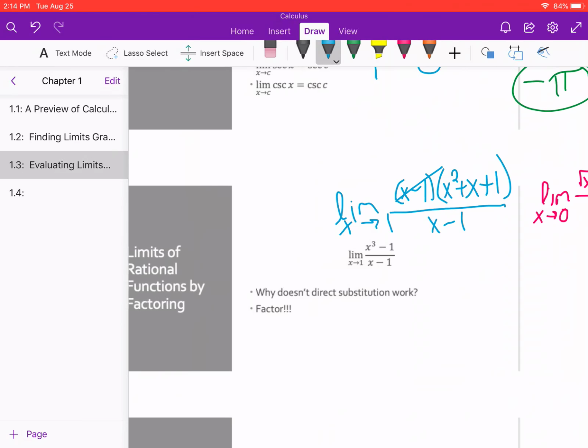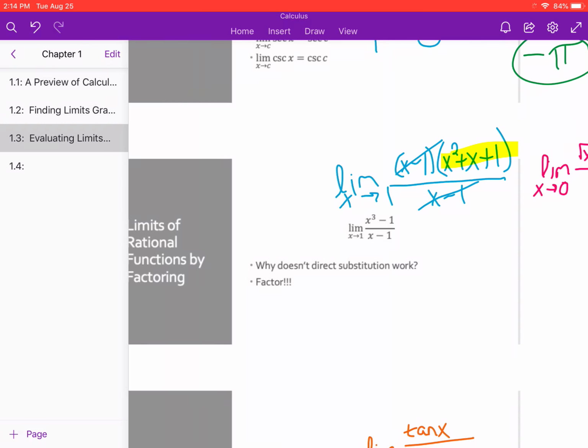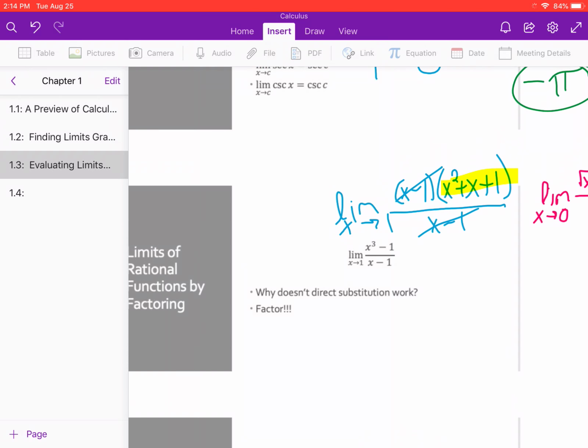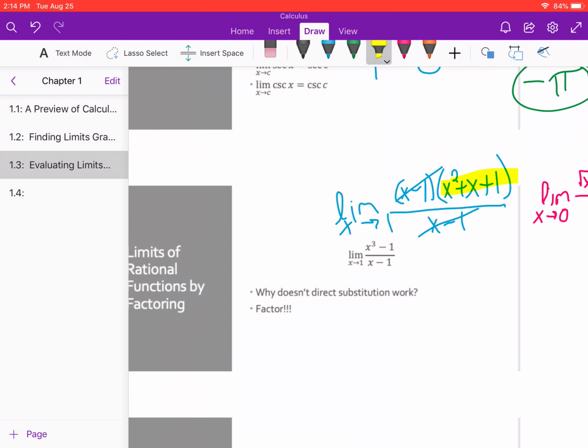Notice this x minus 1 cancels with the next x minus 1, which allows us to do that direct substitution. We can just plug in that 1 here, and 1 squared is 1. 1 plus 1 plus 1 is 3. So our limit is 3.